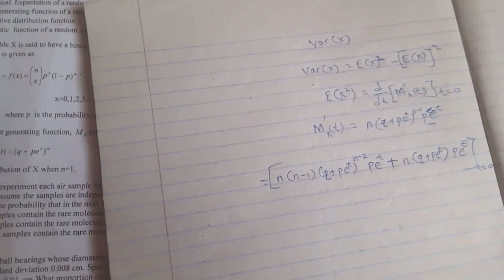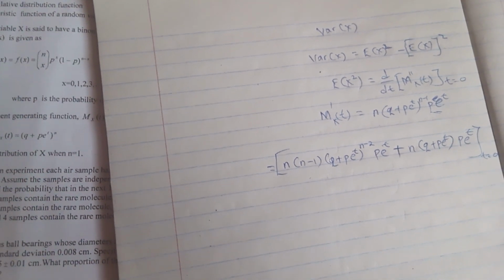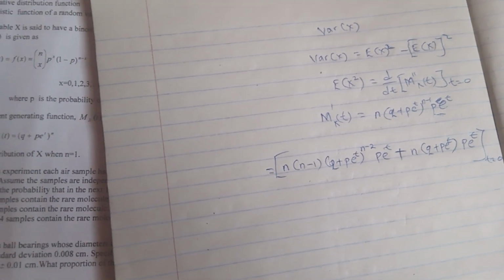So what are we going to do? What we are going to do is replace the value of t with 0.